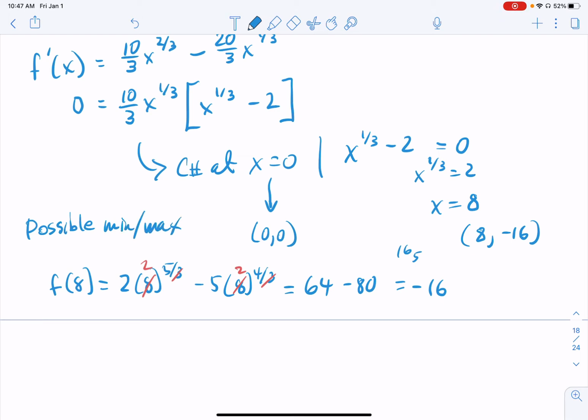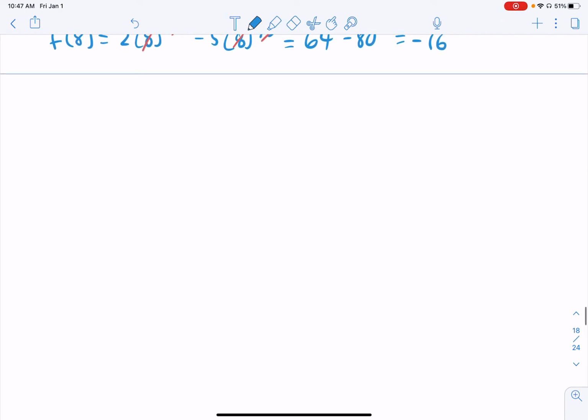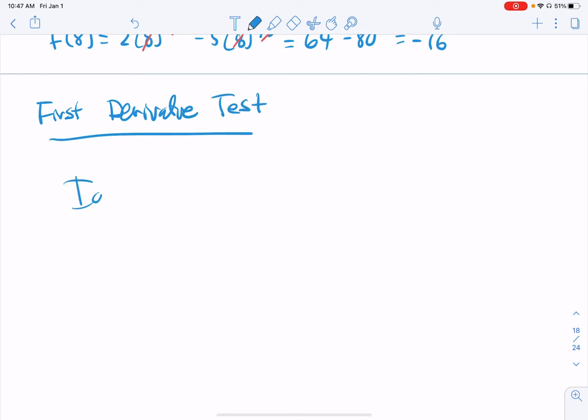To be able to tell, we could just do the first derivative test. Why don't we go ahead and do that? First derivative. Let's pretend that says derivative. I'm good with it if you are. Let's find some intervals.